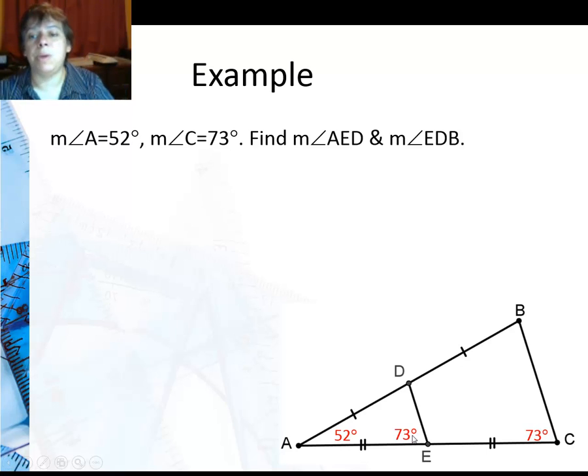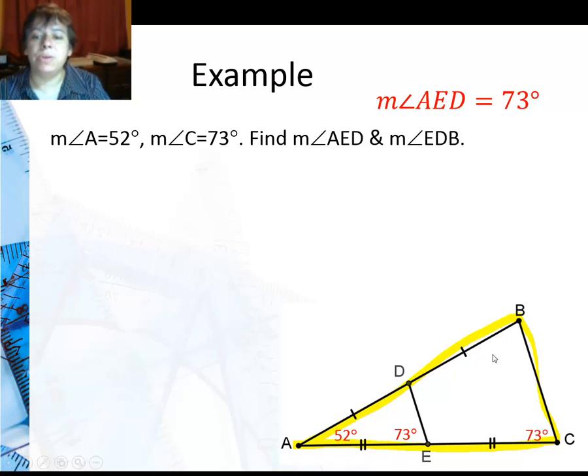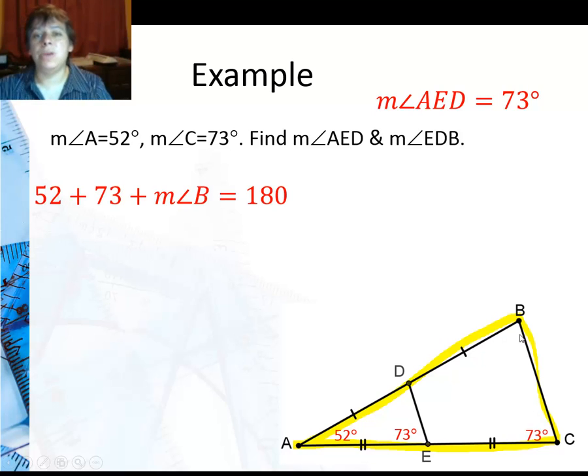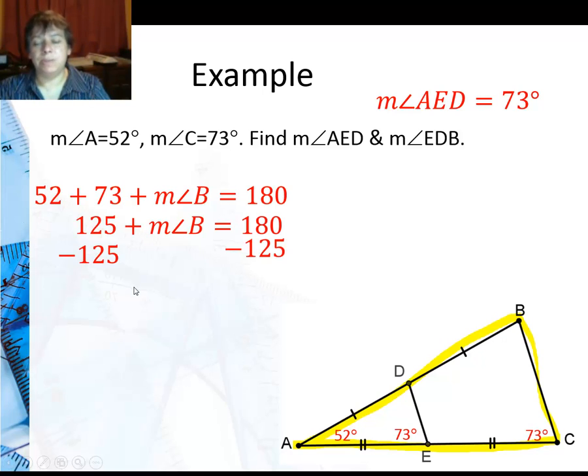These two are corresponding angles. So AED is 73. Now I'm going to use the triangle to figure out what this angle is right here. Using the triangle sum theorem, this 52, 73, and this mystery angle should equal 180. I'm calling that angle measure of angle B. Then I combine like terms, subtract 25 from both sides, and I get the measure of angle B is 55 degrees.